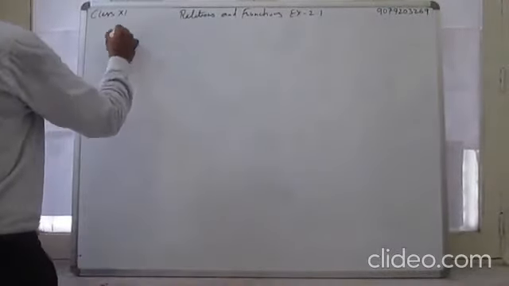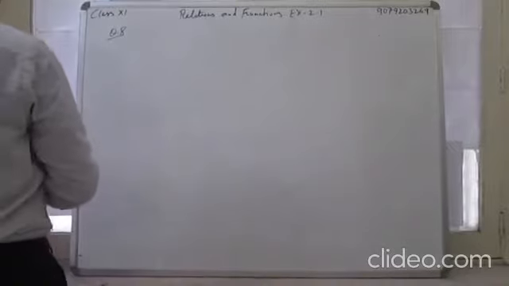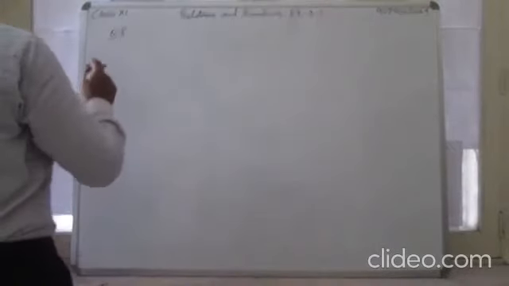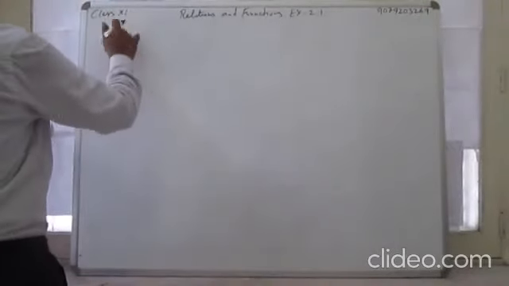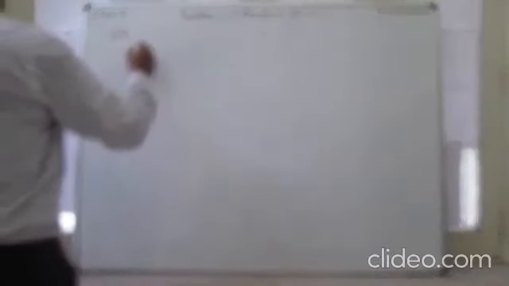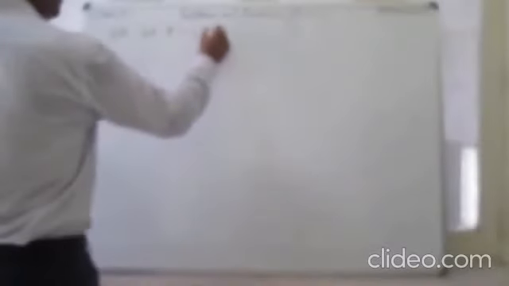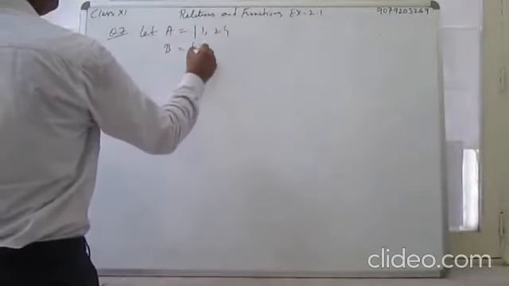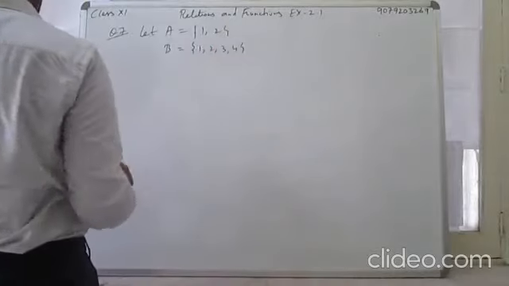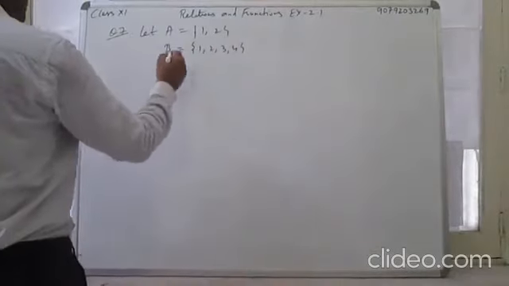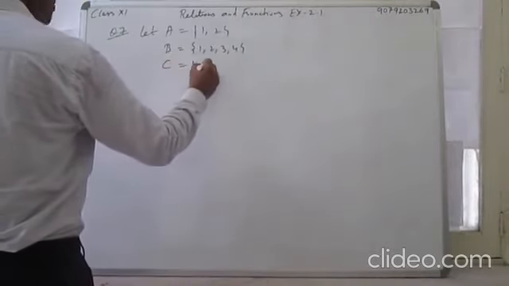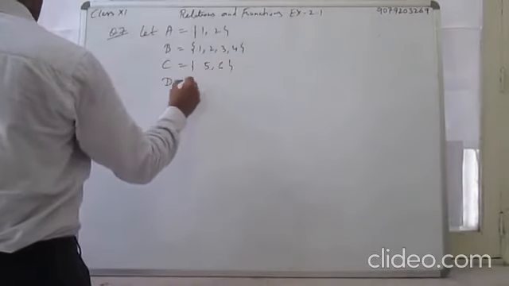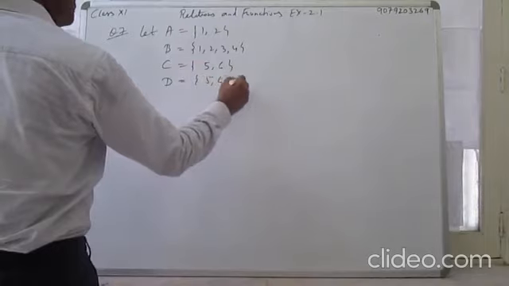Question 8. First we take 7. Let A be the set {1, 2}, B the set {1, 2, 3, 4}, C the set {5, 6} and D the set {5, 6, 7, 8}.